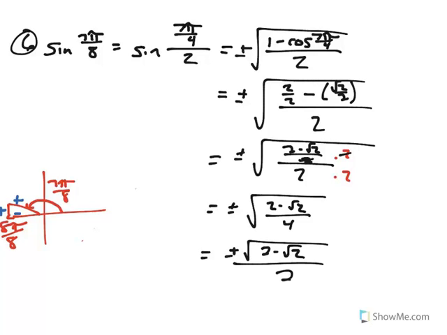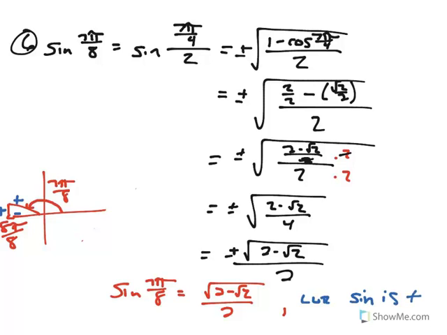Sine is y over r, so it's a positive over a positive, which is a positive. Therefore, sine of 7 pi over 8 equals positive square root of the difference of 2 and square root of 2, over 2. We want to say why it's positive. It's because sine is positive in quadrant 2.